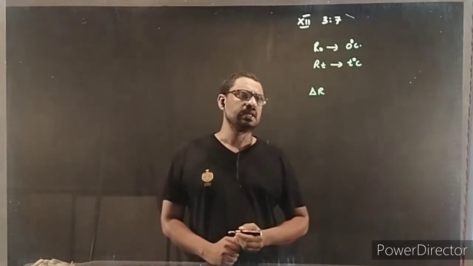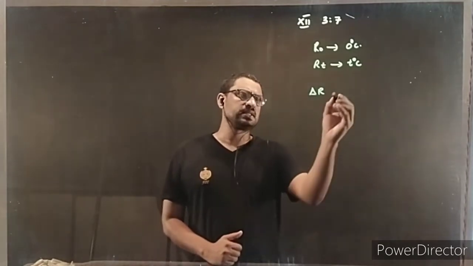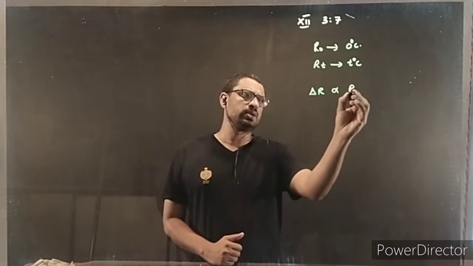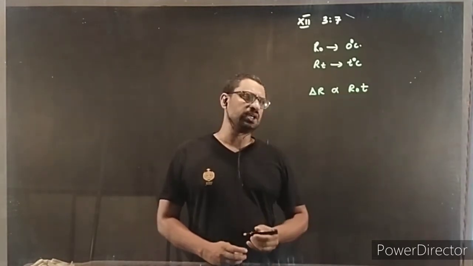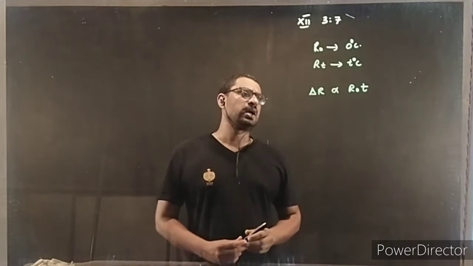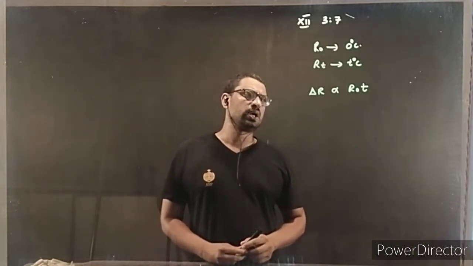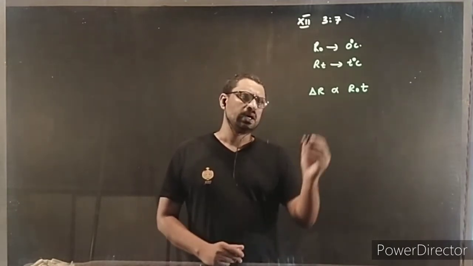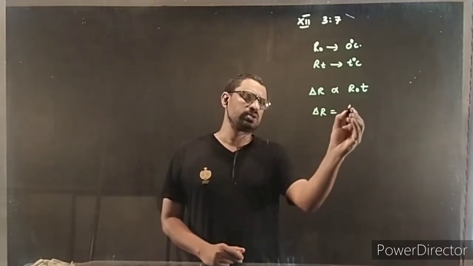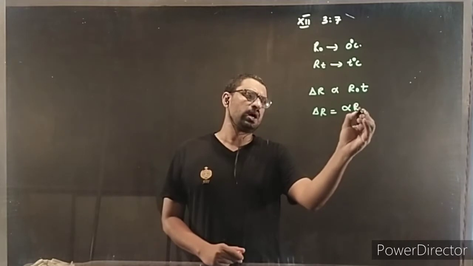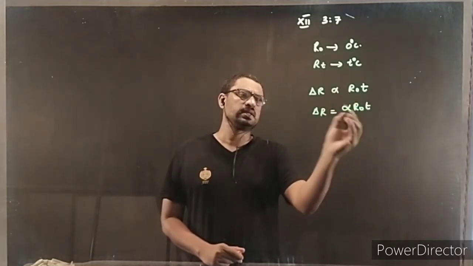It is found that the change in the resistance is proportional to R0 and also proportional to temperature change. So delta R is proportional to R0 T, and delta R equals a constant alpha into R0 T. This is proportionality and this is a constant.